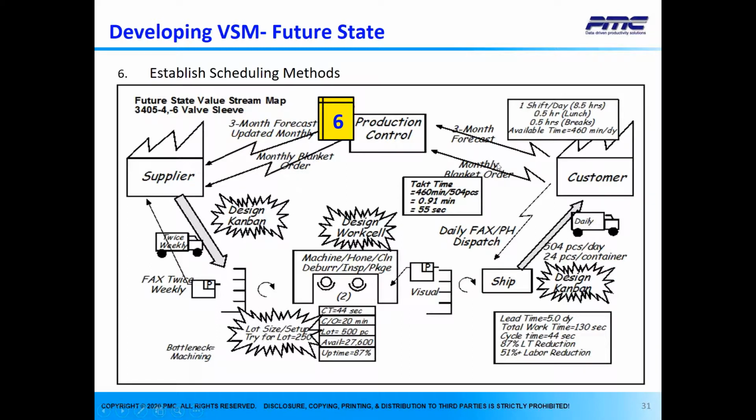Again, as you can see, the orders for the customer and the suppliers are kind of identical. So purchasing here must arrange for payment. They intend to do so with monthly blanket orders, as you've seen here.